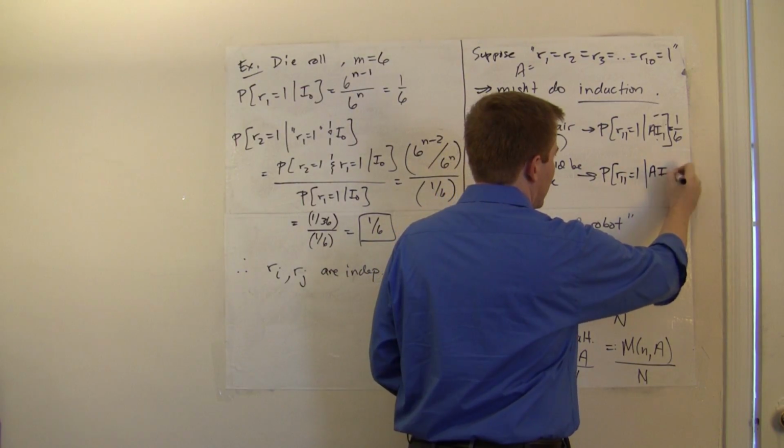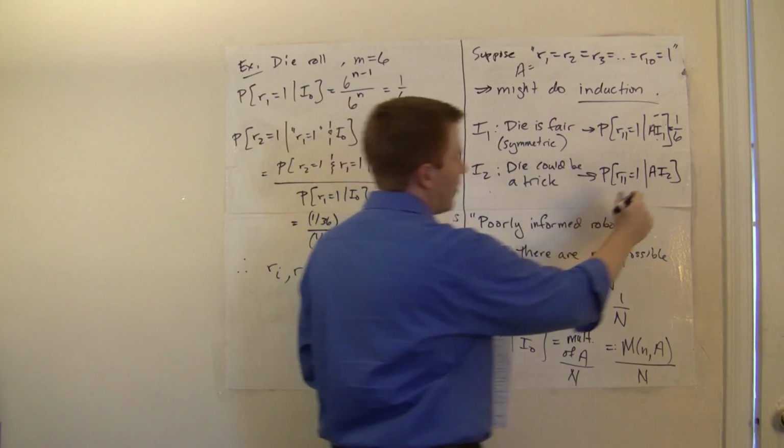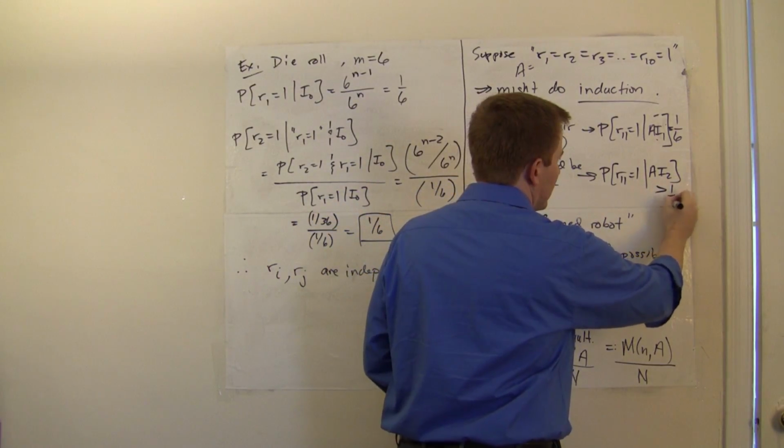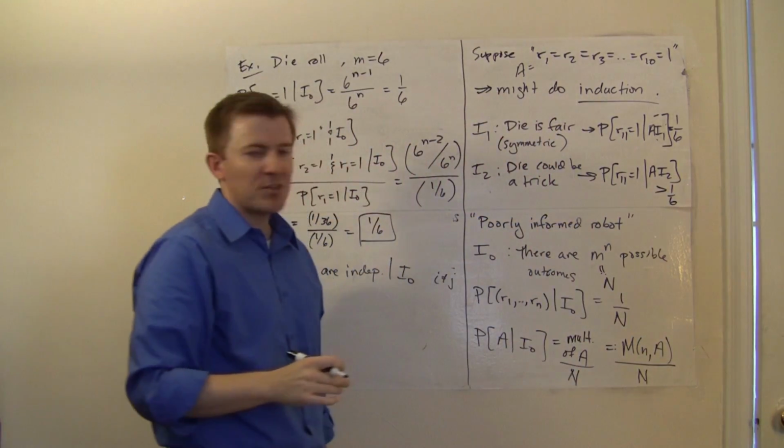So based on that background information, we might get to a number that's greater than a sixth.